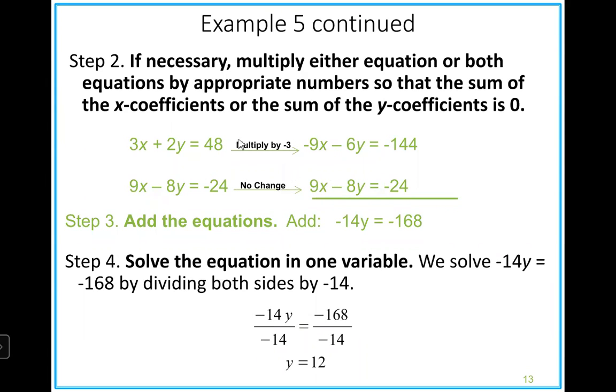But when you multiply by -3, you have to make sure to multiply the entire equation. So -3 times 3x gives you -9x. -3 times 2y gives you -6y. And -3 times 48 gives you -144.